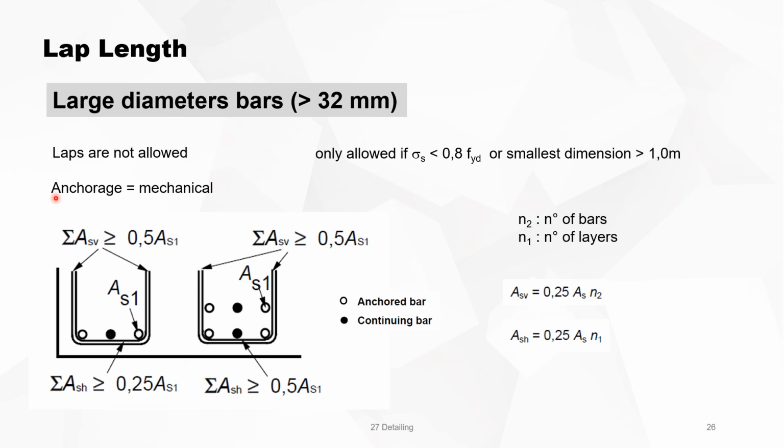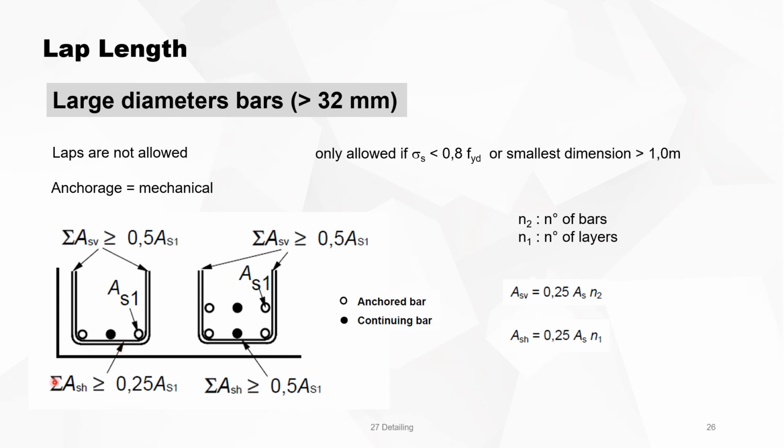And for anchorage length, it should always be mechanical, so with bolts or welded. And if you use big diameter bars, you need surrounding reinforcement to take care of the splitting forces of the concrete due to that large diameter bar.